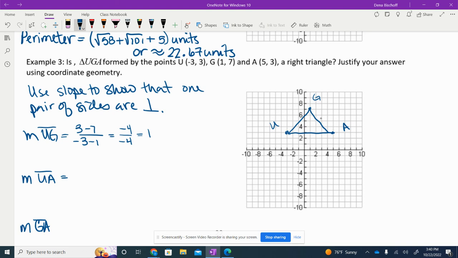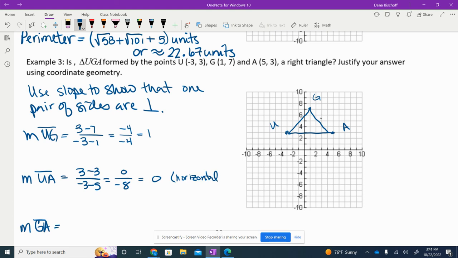So 3 minus 3 over -3 minus 5. 3 minus 3 is 0. -3 minus 5 is -8, which means I have a slope of 0. So I know that this line is horizontal, and it is.